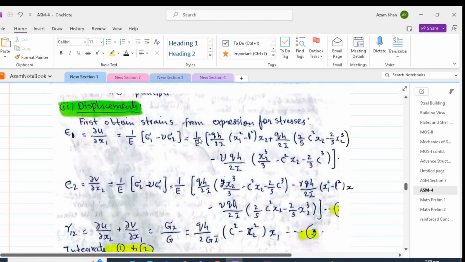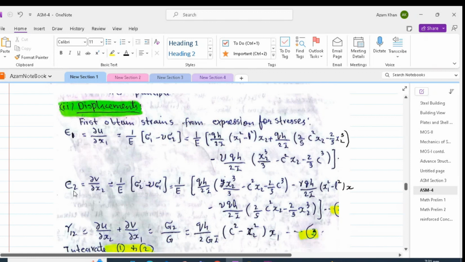That will give us 1 by E times qh by 2I (x1 square minus L square) times x2, plus qh by 2I (2 by 5 c square x2 minus 2 by 3 x2 cube), minus nu qh by 2I (x2 cube by 3 minus c square x2 minus 2 by 3 c cube). 1 by E is getting multiplied with all the terms.